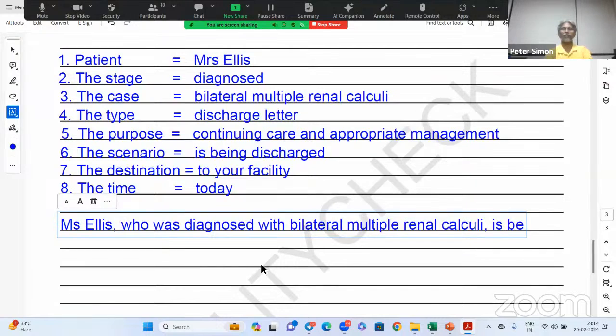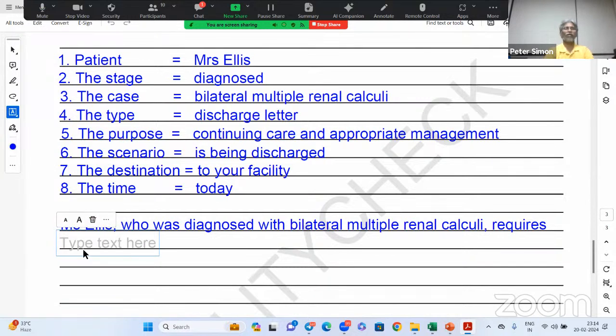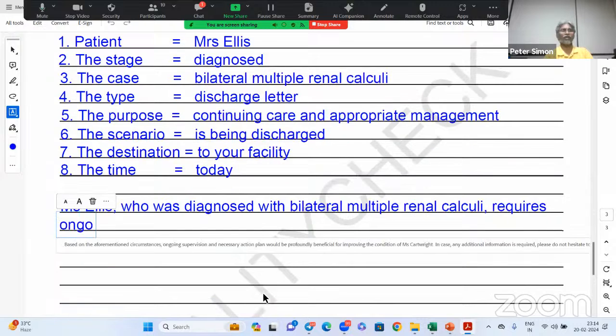Requires, requires what? Continuity of care or ongoing care. Change the word.